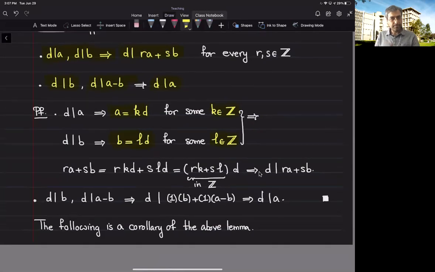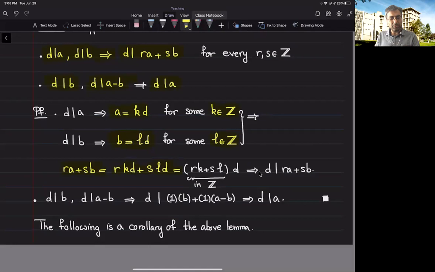Let's plug in kd for a and ld for b in ra plus sb and see what we get. ra plus sb is equal to r times, instead of a, I'm going to write down kd, plus s times, instead of b, I'm going to write down l times d.